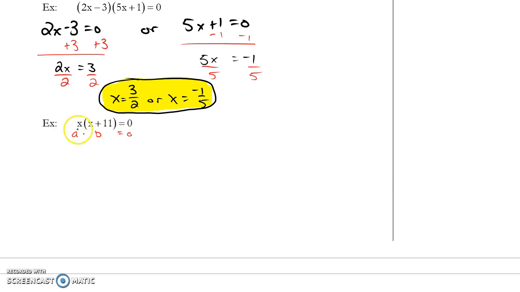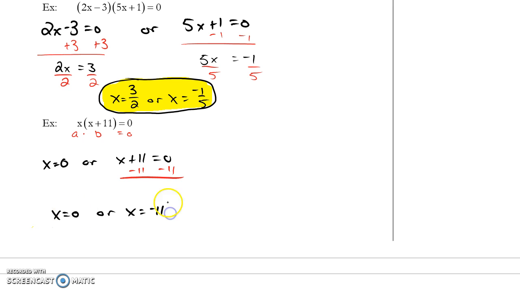Zero product property states that either a is equal to 0, which in this case means x is 0, or b is equal to 0, which in this case means x plus 11 equals 0. I don't have to solve the first one. That just gives me x equals 0. I do have to solve this, so I subtract 11 from both sides, and x is negative 11. Still have two solutions.